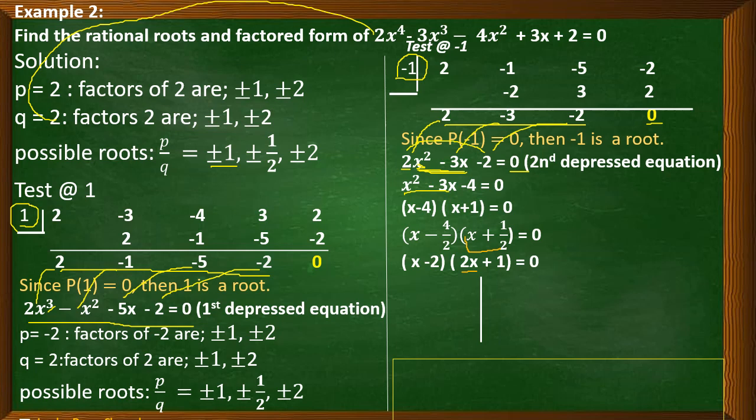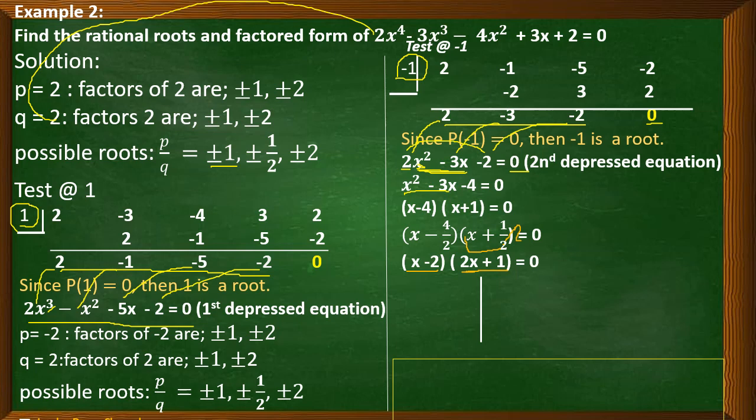Because we have to multiply this by 2. Once you multiply this by 2, this will become 2x, and 1/2 multiplied by 2 is already 1. We can cancel out the common factors. So that's why we have 2x plus 1. And the other one is the quantity x minus 2.